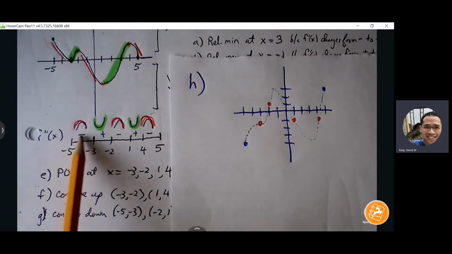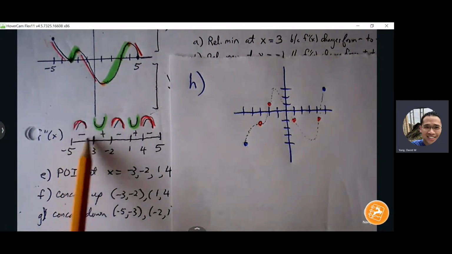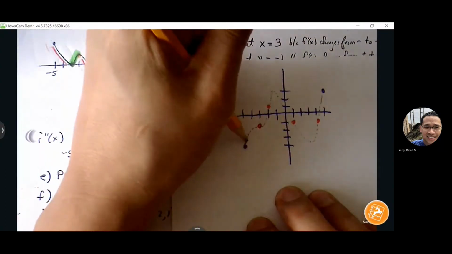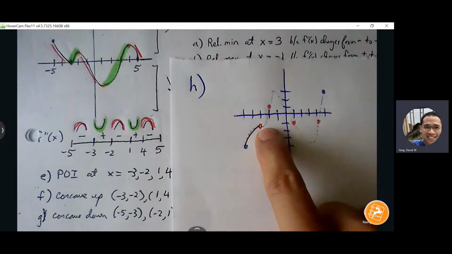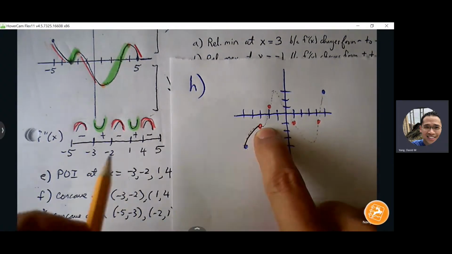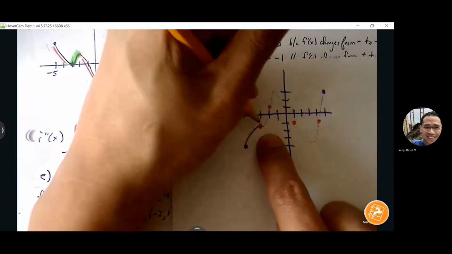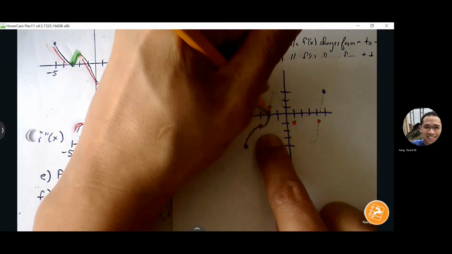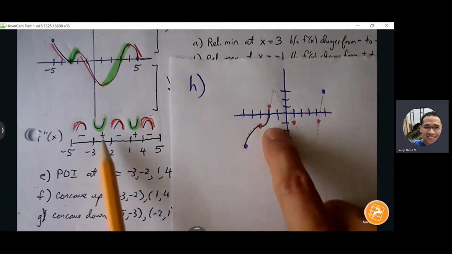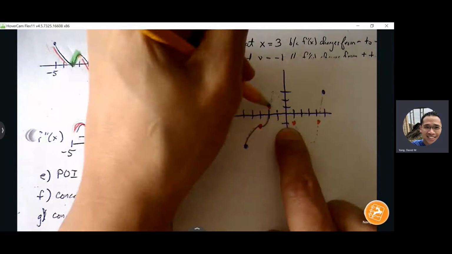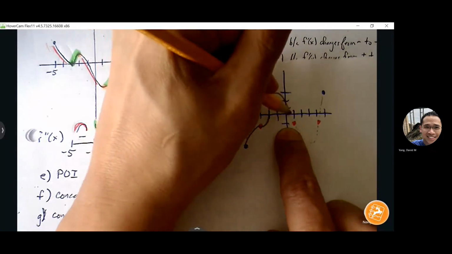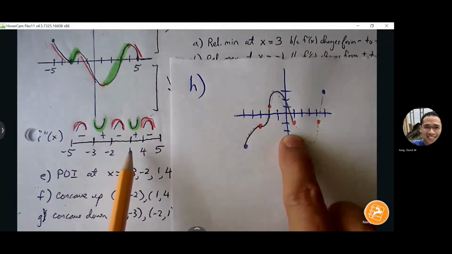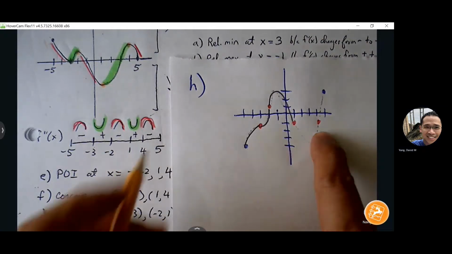So initially, my graph is going to be what? Concave down. I know I have to change curvature here, so I'm going to switch over to concave up. Another point of inflection, so I'm going to switch back to concave down. Switch back to concave up.